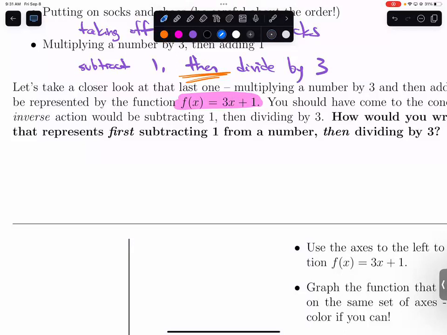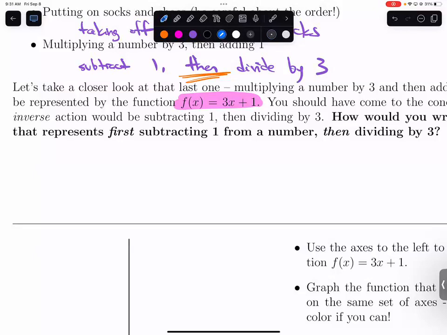Okay, so what's wrong? Well, not wrong, but what's tricky here? If we want to take a number that we give it, right, so an x, and first subtract 1 and then divide by 3. Yeah, subtraction and division don't normally happen in that order, right?